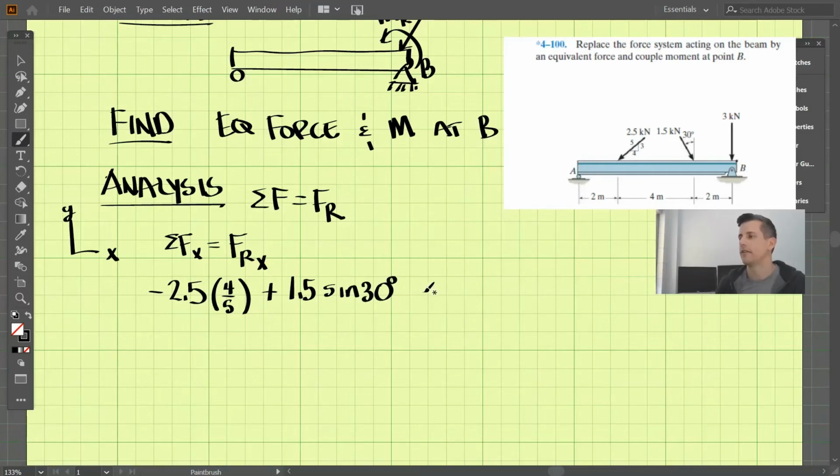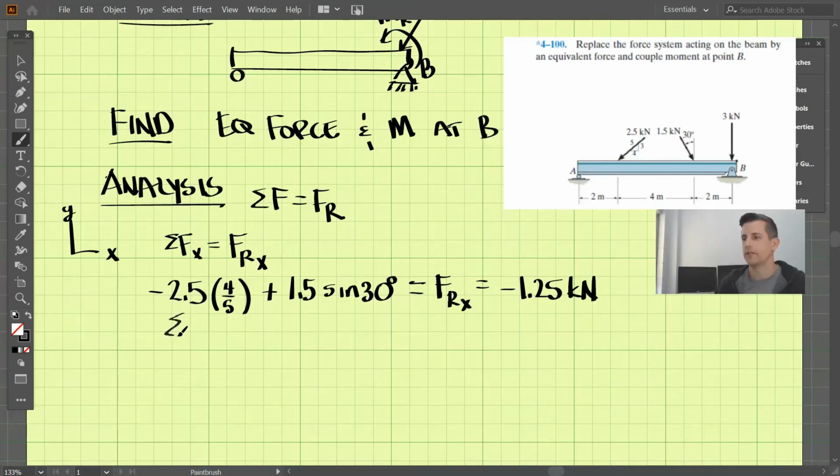Lastly, the 3 kilonewton force has no impact in the x direction. By performing that calculation, we come out with negative 1.25 kilonewtons in the x direction.